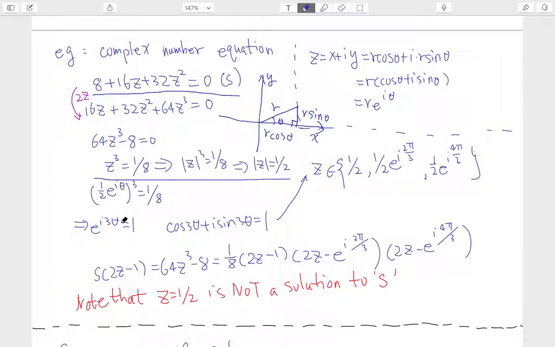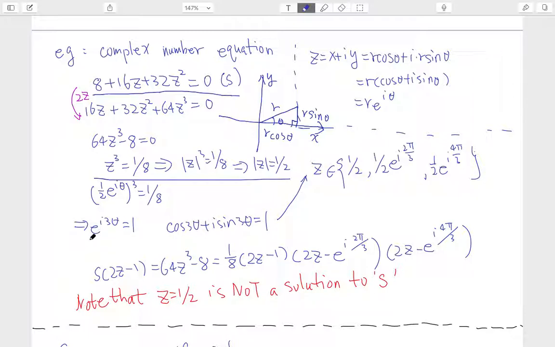After this point, because you know that the radius is 1/2, you just substitute the radius times e to the i theta, all cubed, is equal to 1 over 8.